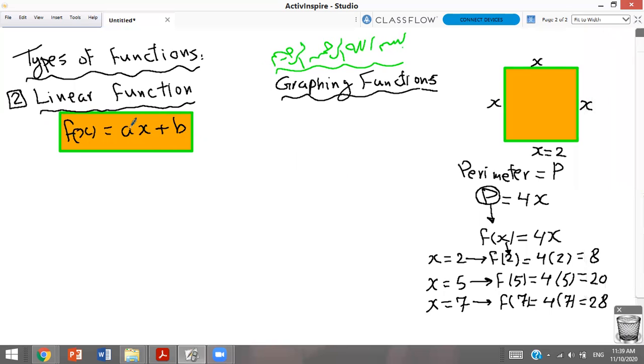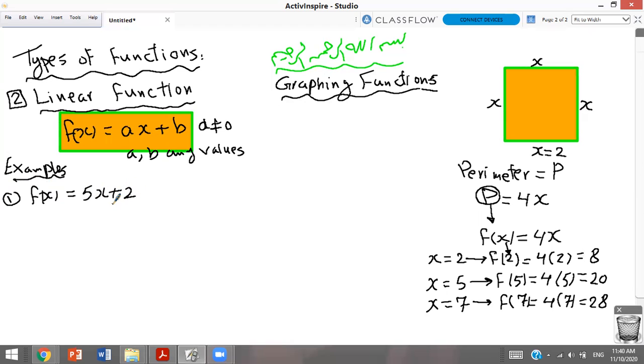Then you must know that a and b can be any values, but you must know that a cannot be 0. Then if you want to take some examples, like f of x equals 5x plus 2.